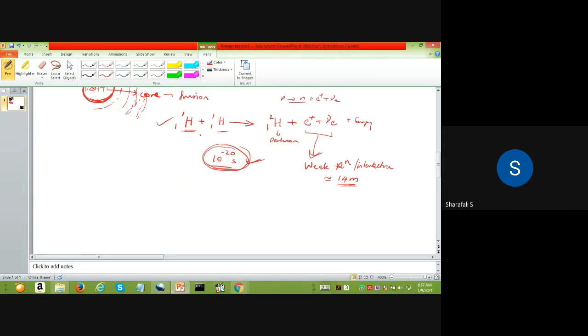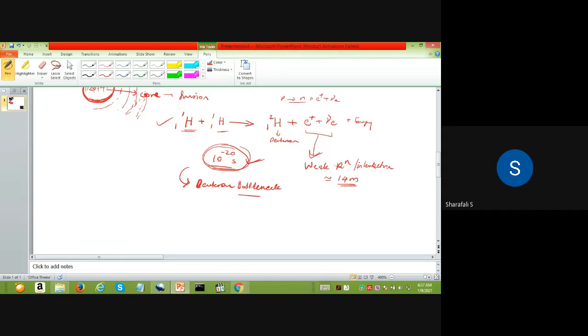This particular scenario is called the deuteron bottleneck. Deuteron bottleneck.